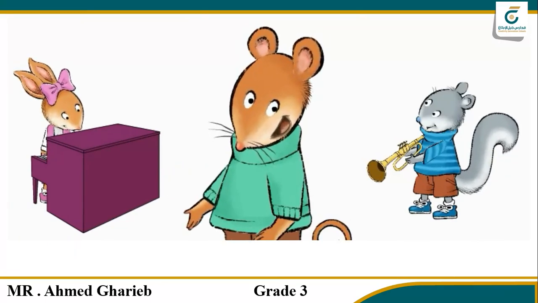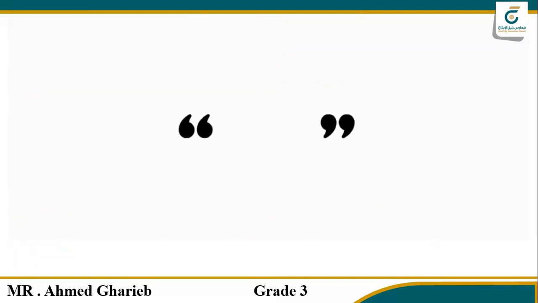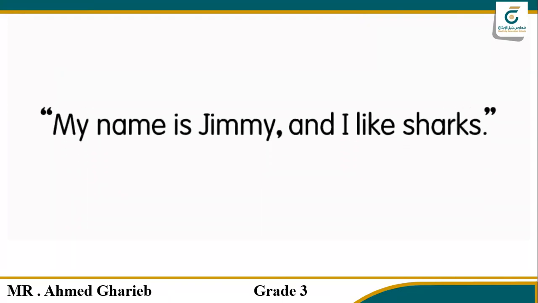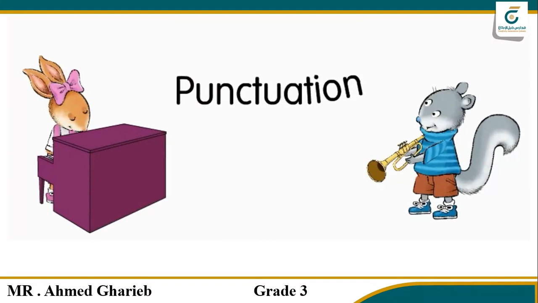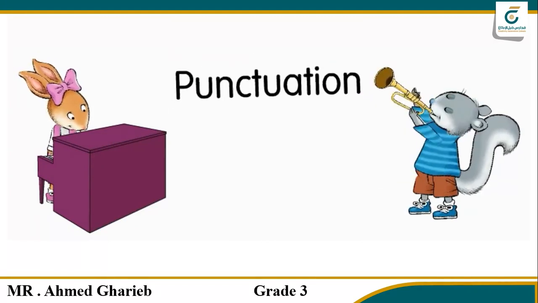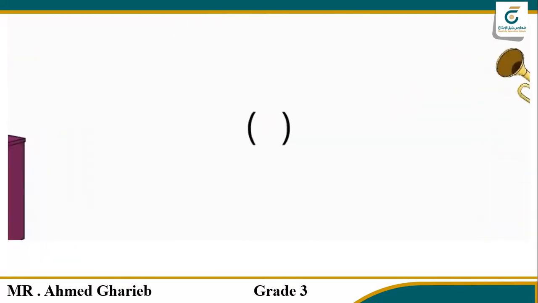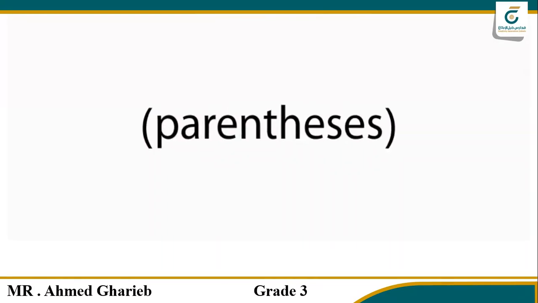Here's what we need for punctuation. Quotation marks. When a character speaks, that's how we know. Now we know what they are, let's see where they go. My name is Jimmy, and I like sharks. We position exactly what he said between quotation marks. Lines that look like these, they're curved and known as parentheses.